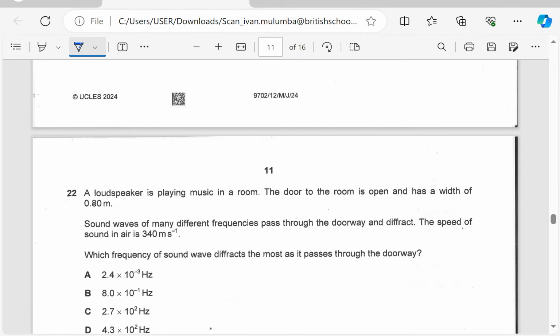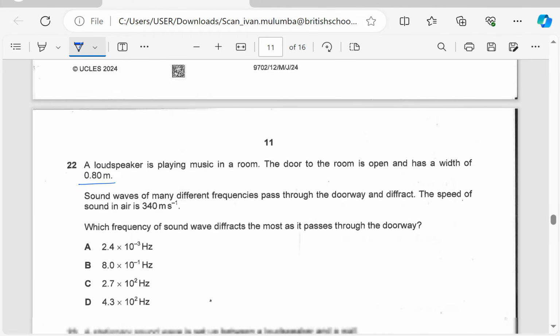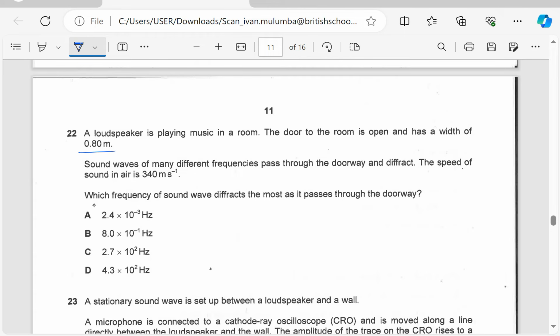A loudspeaker is playing music in a room. The door to the room is open and has a width of 0.8 meters. Sound waves of many different frequencies pass through the doorway and diffract. The speed of sound in air is 340. Which frequency of sound wave diffracts the most as it appears through the doorway?